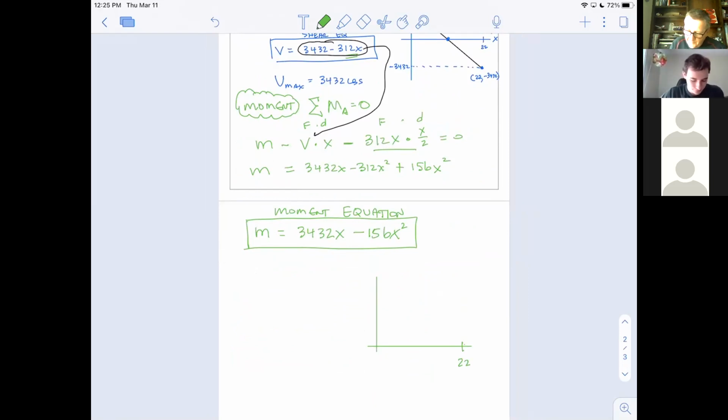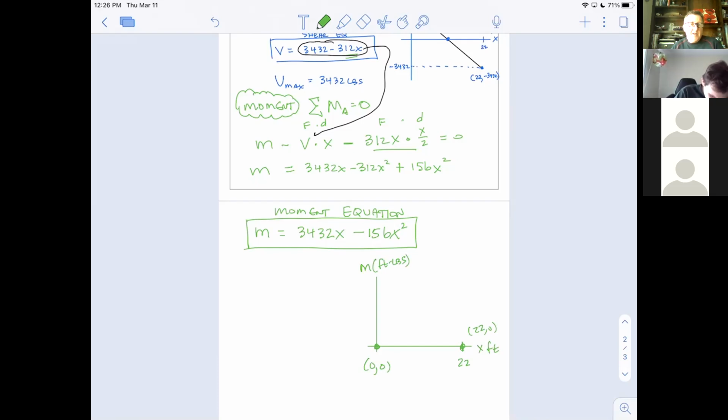And at X is 0, notice 0, 0 is an answer. And it turns out if you put 22 in, it's also 0. So 0, 0 is an answer to this, and so is 22, 0. This is still X in feet, but this up here is moment, which would be in foot-pounds. So now I just need to find some other points that work to make the graph.